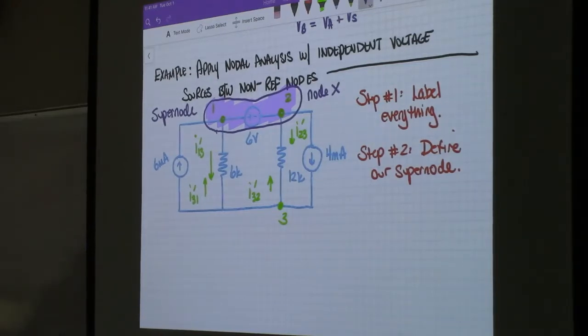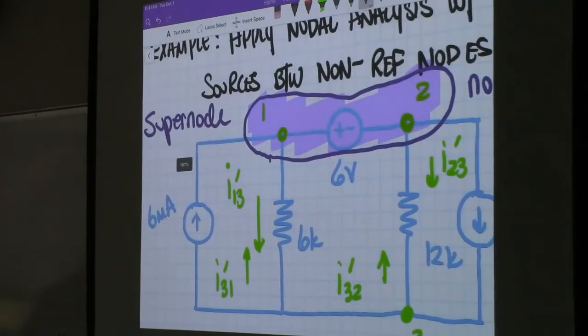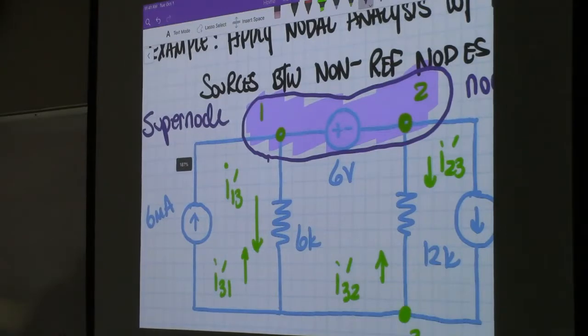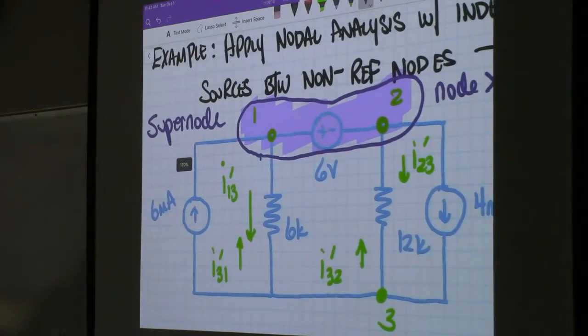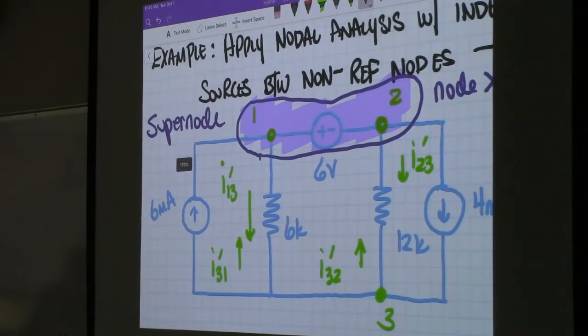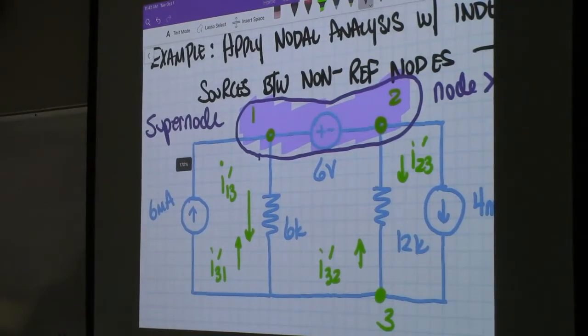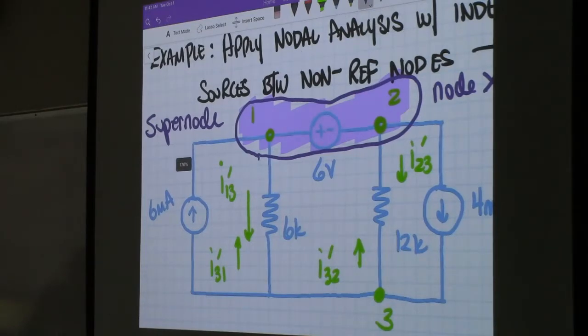I labeled the nodes node 1, node 2, and node 3. I did define a couple currents. You can see I called one of these I13 prime, only because there's two paths between node number 1 and node number 3, right? So I don't want to get the 6 milliamp current source mixed up with the current that's flowing along the 6 kilo ohm branch. So I gave it that prime. Obviously, I13 prime is equal to negative I31 prime. We don't have to state that. That's just inherently known.